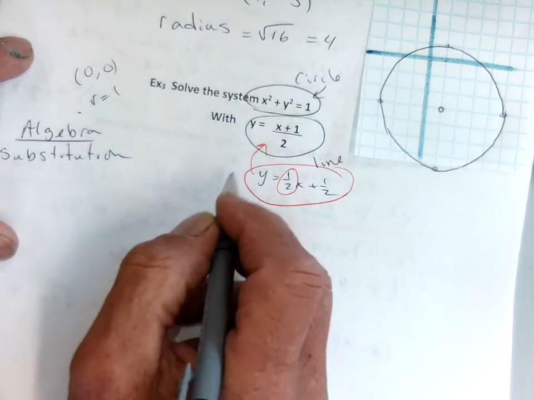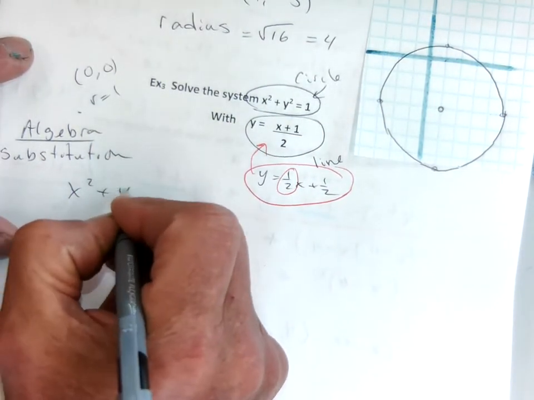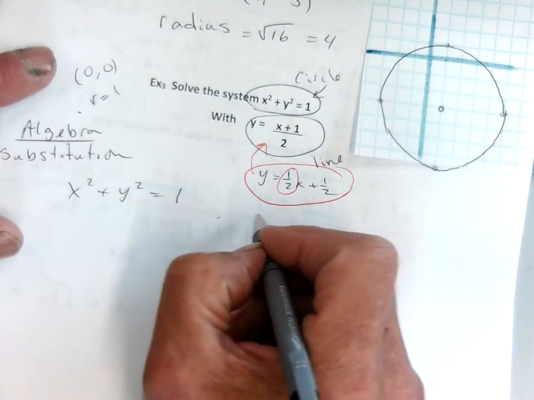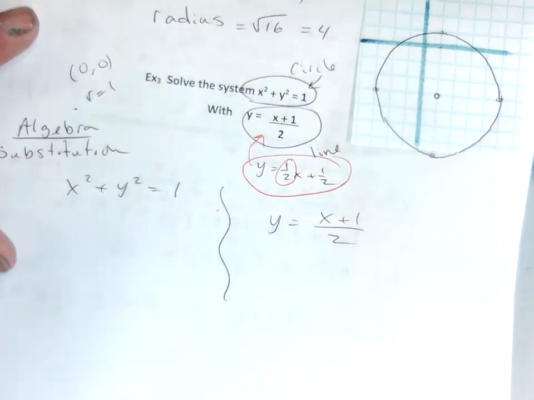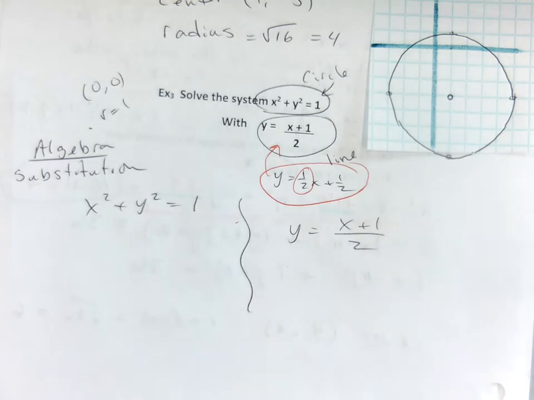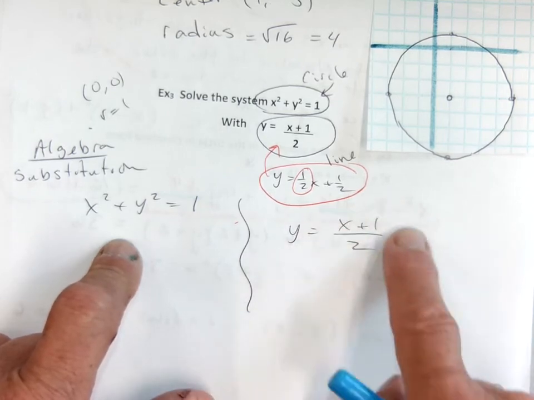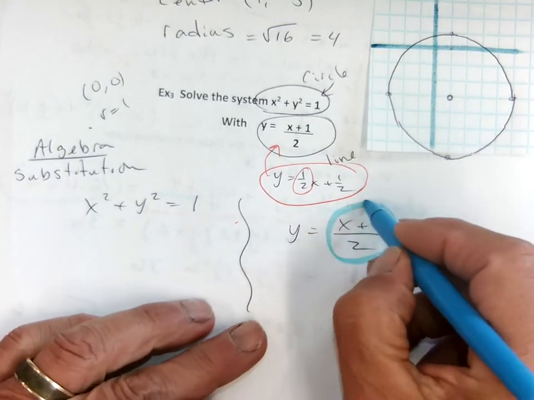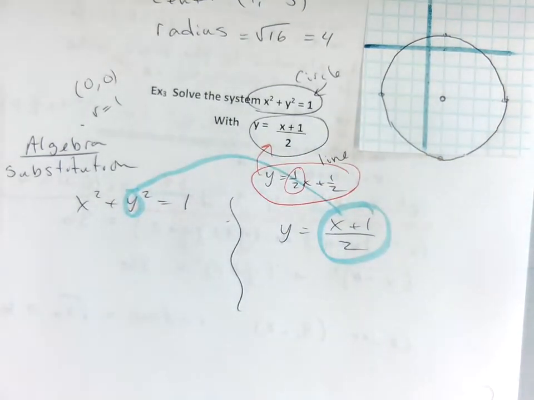Okay, when I do substitution, I like to write the equations side by side. x squared plus y squared equals 1, and y equals x plus 1 over 2, okay? I like to write them side by side so I have room to work. I've got my two equations. I'm going to substitute x plus 1 over 2 in for y.